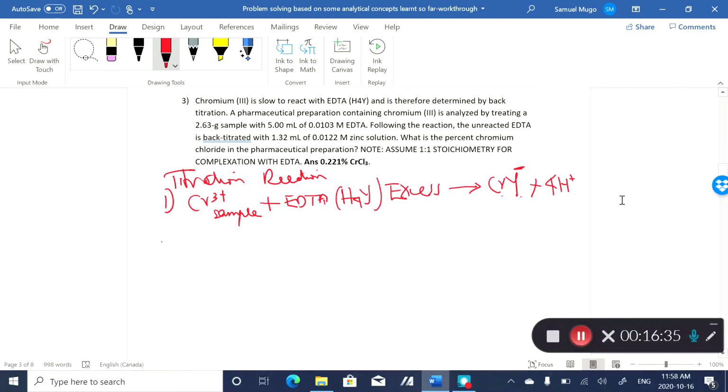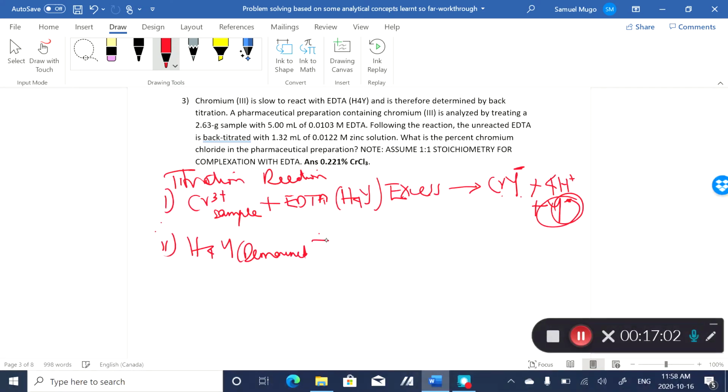Of course, there is also excess EDTA. So the next reaction taking place involves the H4Y, and this is what remained.